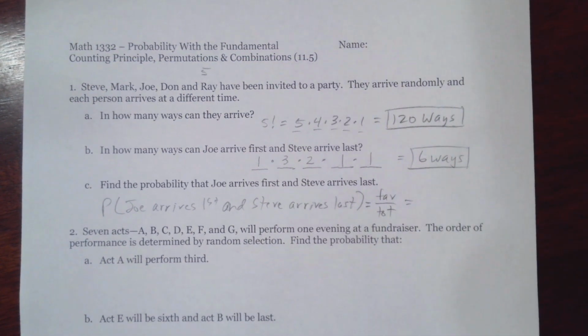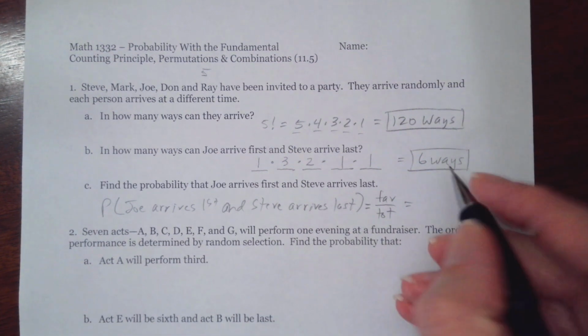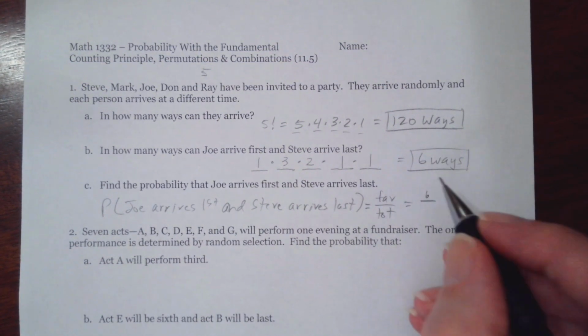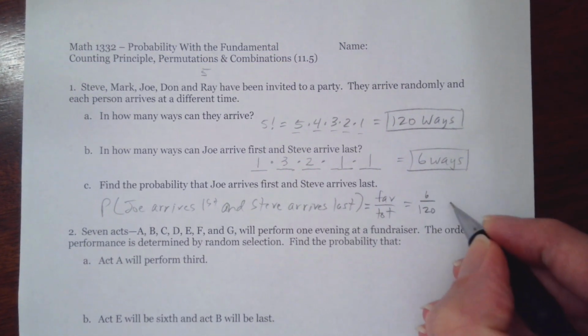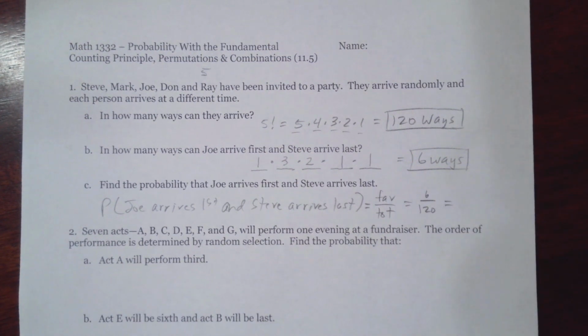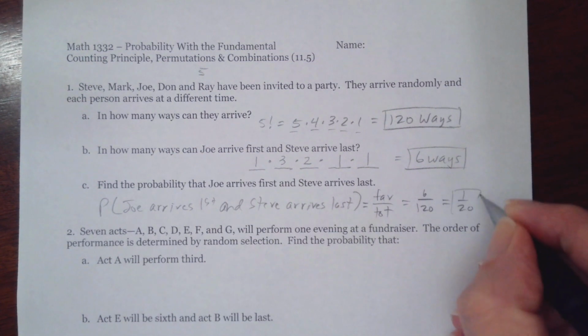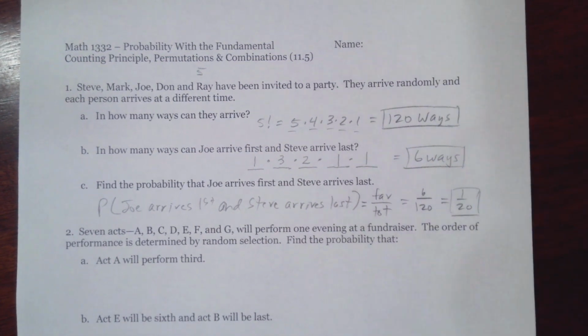The number of favorable outcomes would be the number of ways that Joe can be first and Steve last. Well, there's 6 ways for that to occur out of a total of a possible 120 ways. And if you reduce that, you do get 1/20th. So there's a 1 in 20 chance that that's going to occur, that Joe's going to be first and Steve will be last.